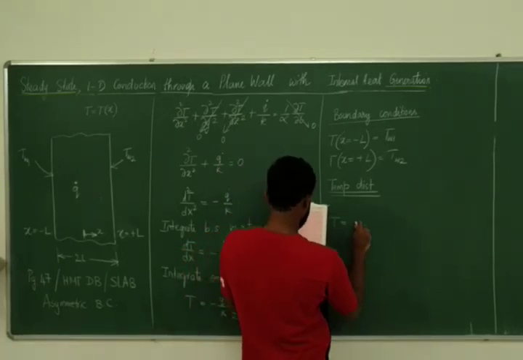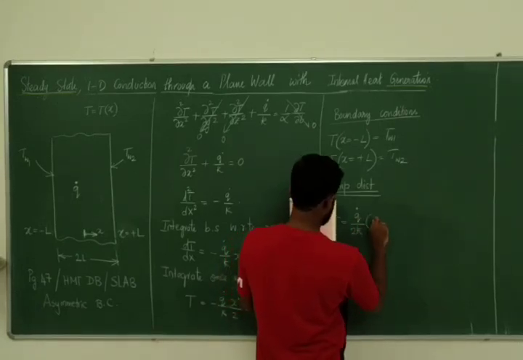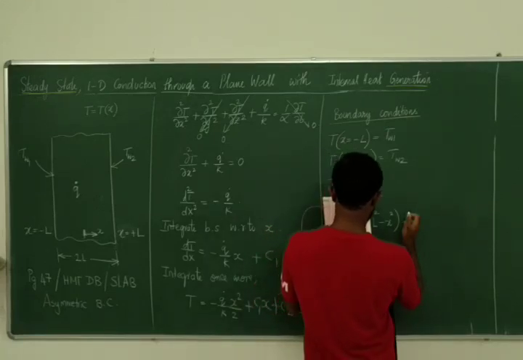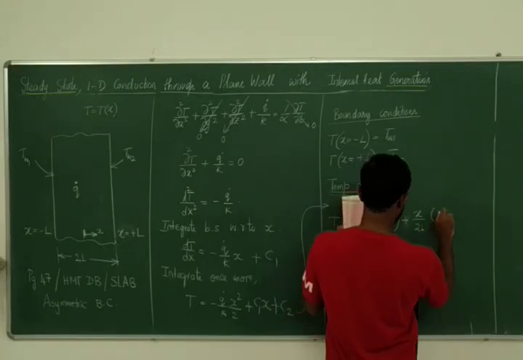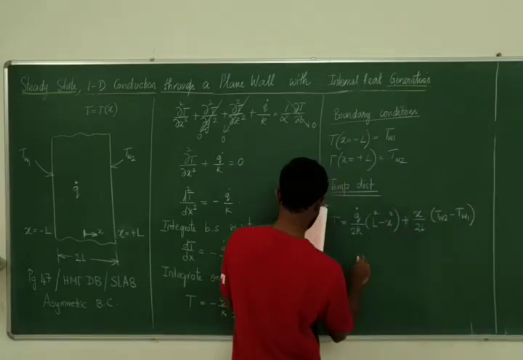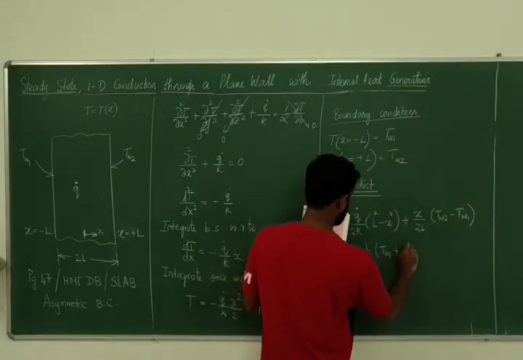T looks like q dot by 2k into (L square minus x square) plus x by 2L into (TW2 minus TW1) plus half (TW1 plus TW2).